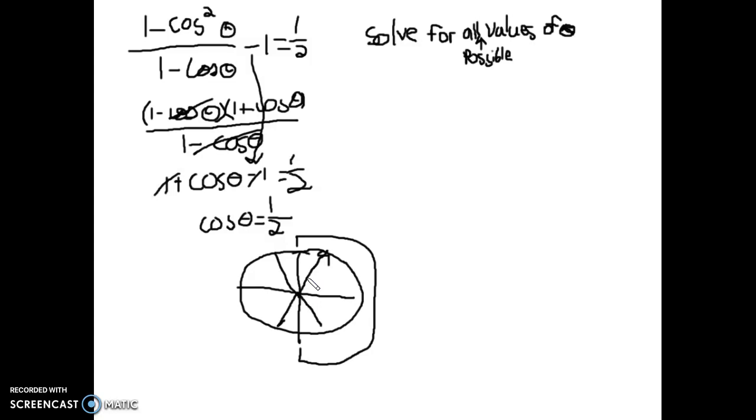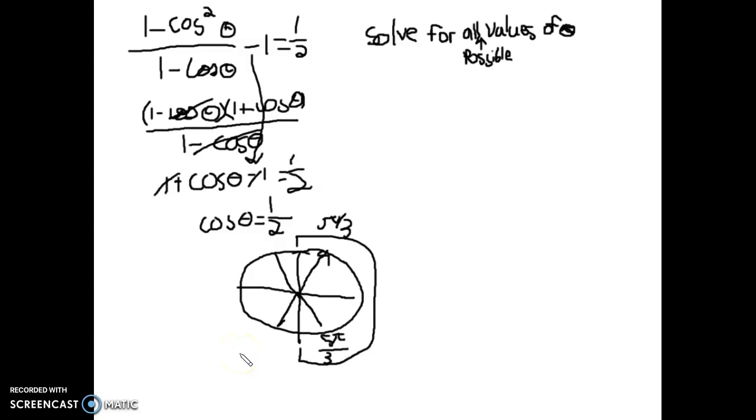And so the radian in which cosine of theta is going to be equal to 1/2 is going to be at pi over 3 and this other component, which is going to be at 5 pi over 3.